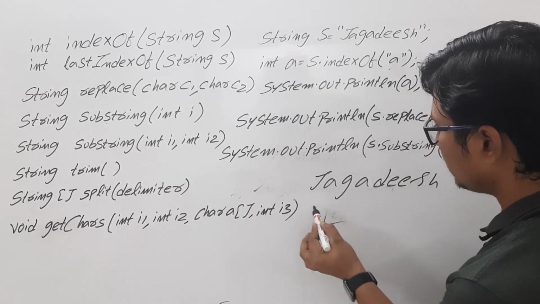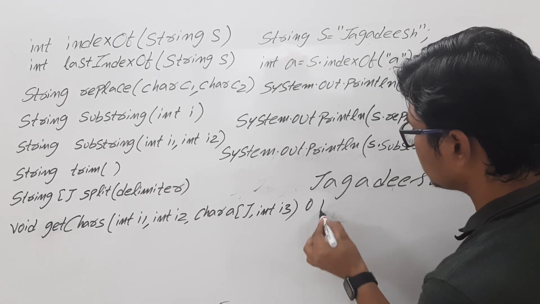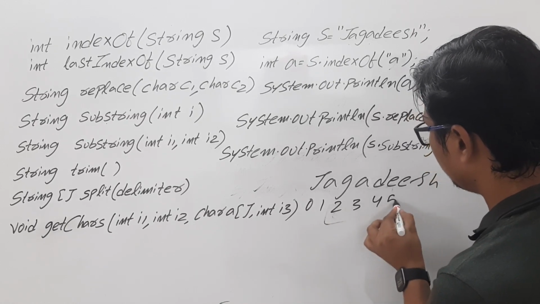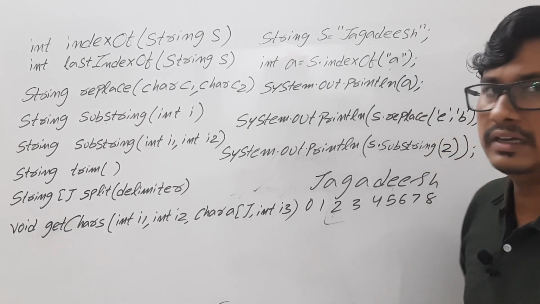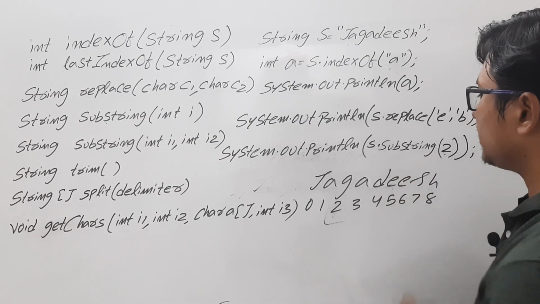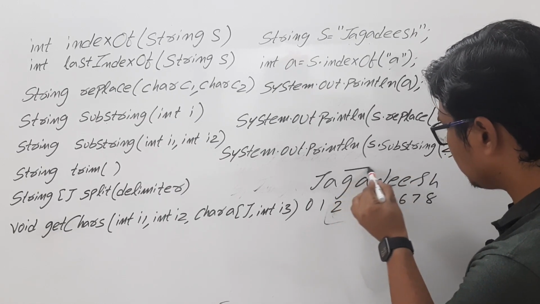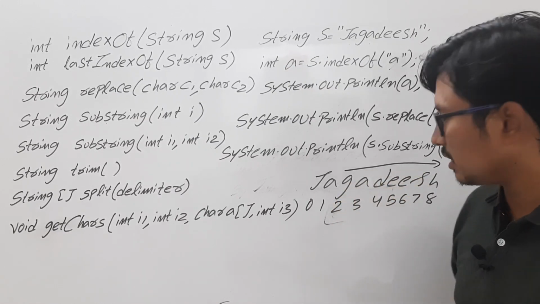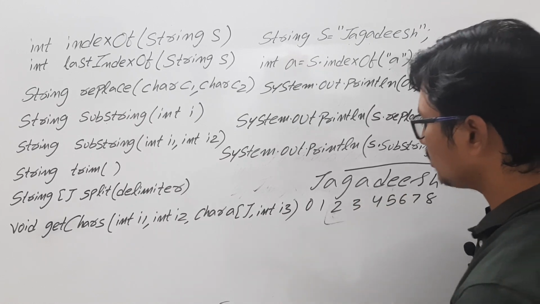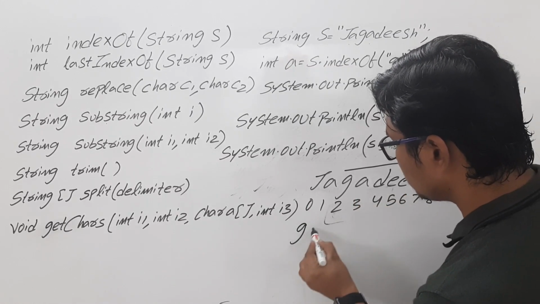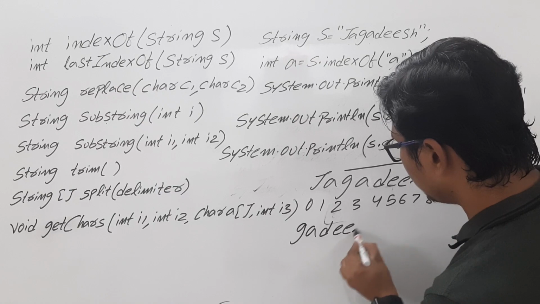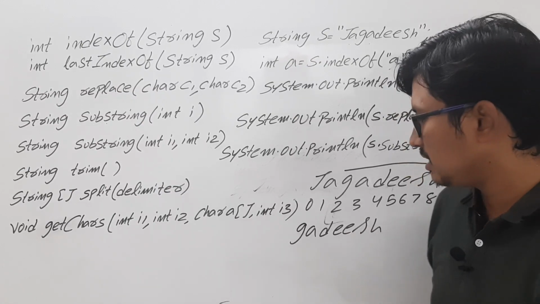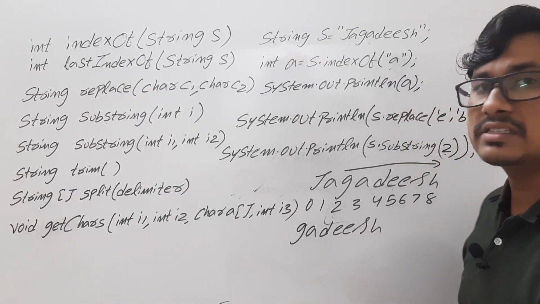J is there at index 0, then index 1, 2, 3, 4, 5, 6, 7, 8. So from the second index up to the last, whatever the string is there, that will be produced as an output. So System.out.println will produce the output as GADISH.